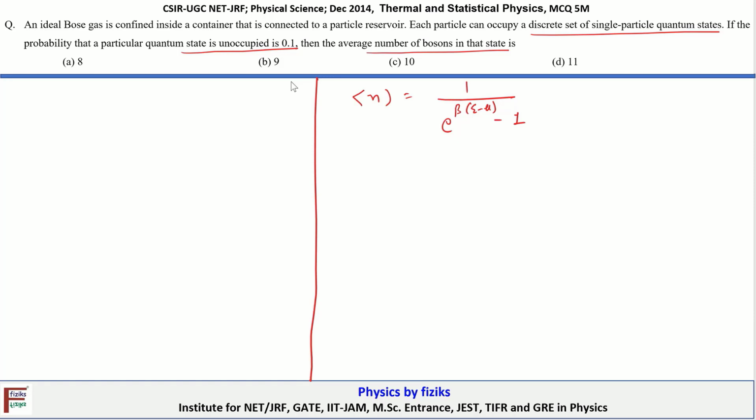So for an unoccupied state, we can write 1 minus the occupation number, which is n_k. Basically this function gives the occupancy of a particular state. So 1 minus the occupation number is the information given to us, that is 0.1.